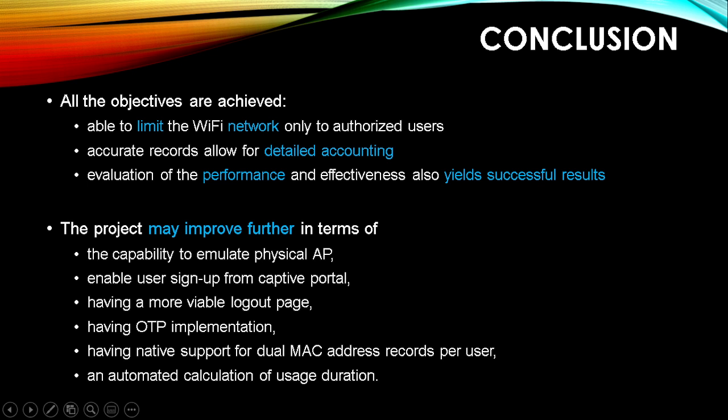Nothing is shown about the duration of the usage. So currently the admin can only manually calculate for how long the user has used the internet and so on. So those are the features that may be improved for this project.